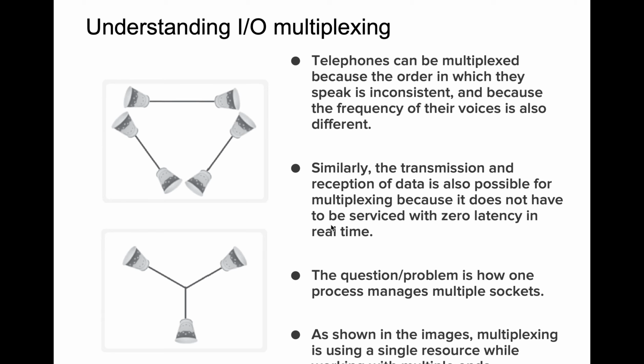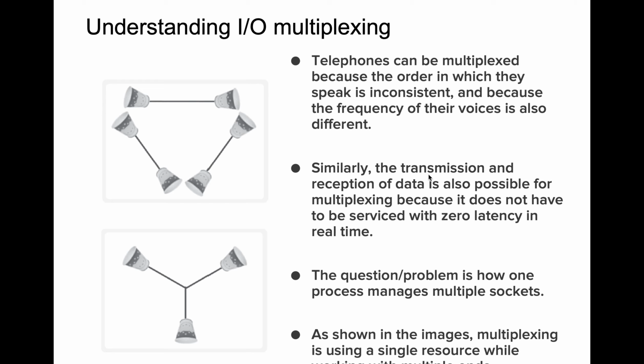In the transmission and reception of data in computer networking applications in C, it will still be possible, not because the voice frequencies are different, they're all the same, but because the clients can wait for each other for a little bit of time, maybe in milliseconds or microseconds, so it does not make much of a deal. So the explanation is like this.